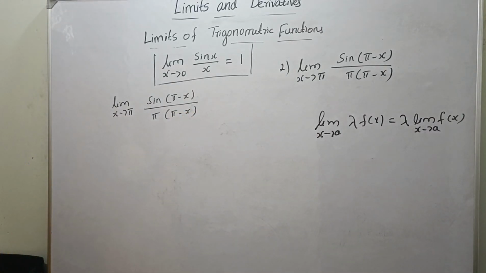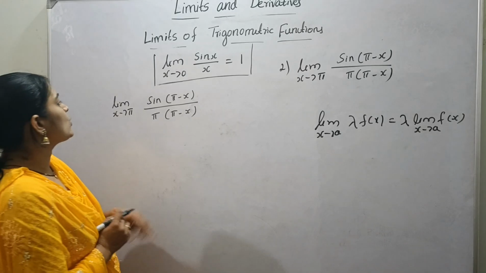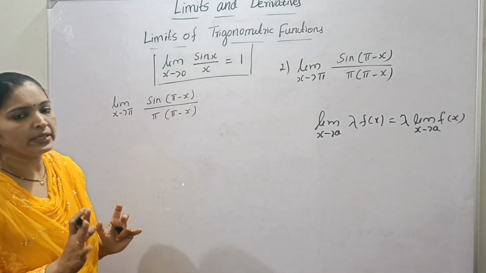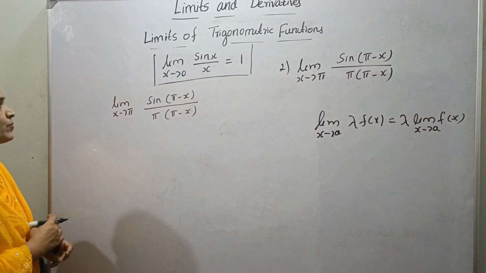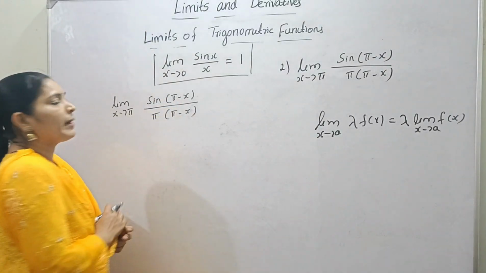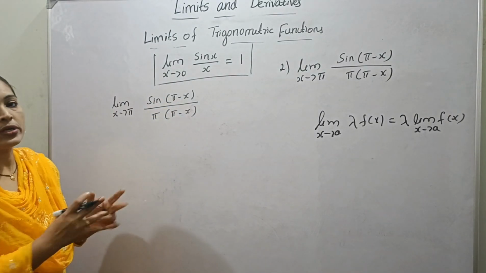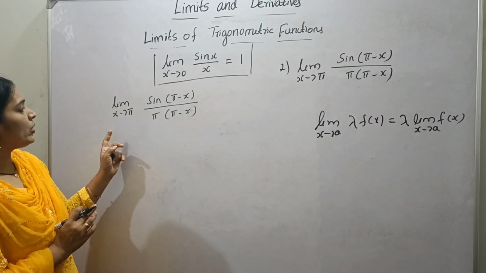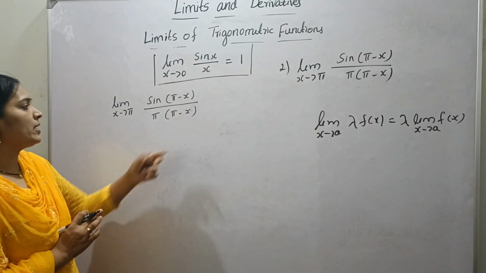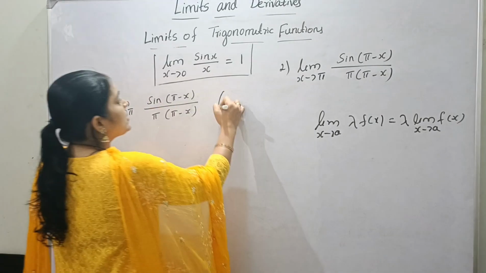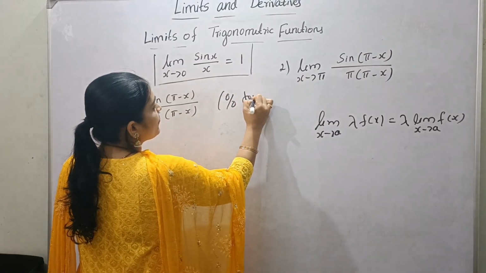So here, if you put x equal to pi, what will you get? First of all, you have to apply the direct substitution method. You have to substitute the x value. So sine of pi minus pi, that is sin 0, which is 0. So the numerator becomes 0. What about the denominator? Pi minus pi is 0, 0 into pi is 0. So here also we will get the 0 by 0 form.